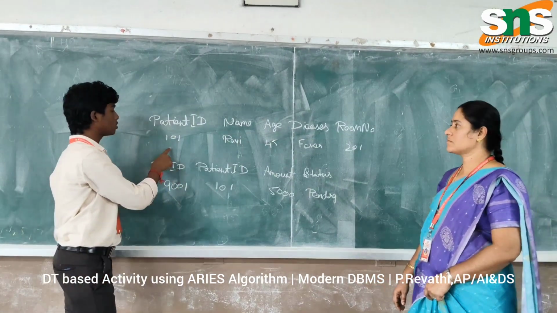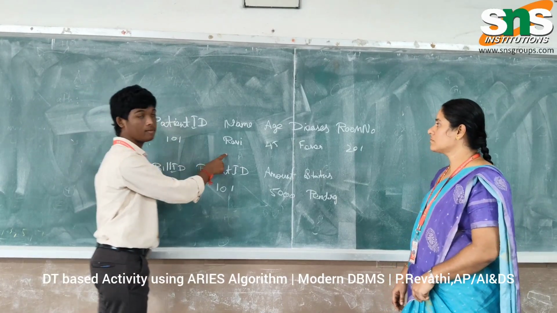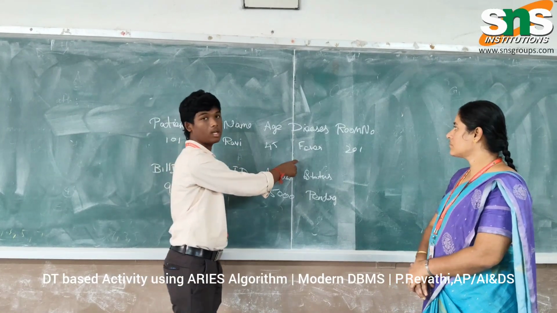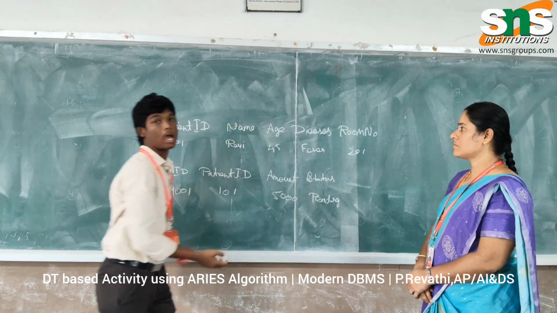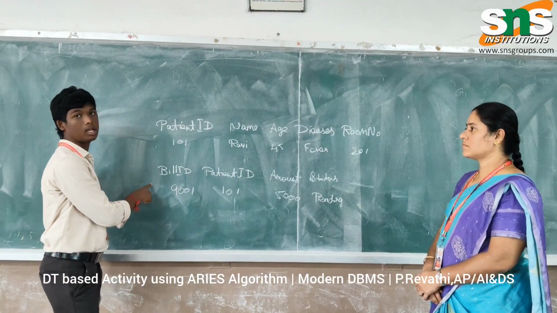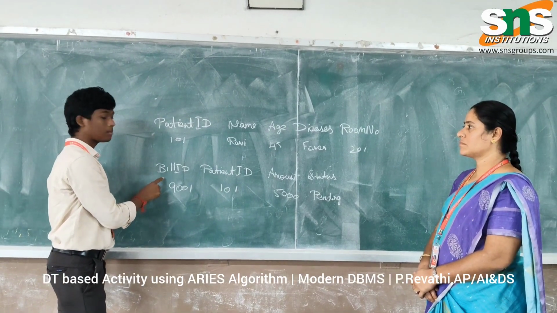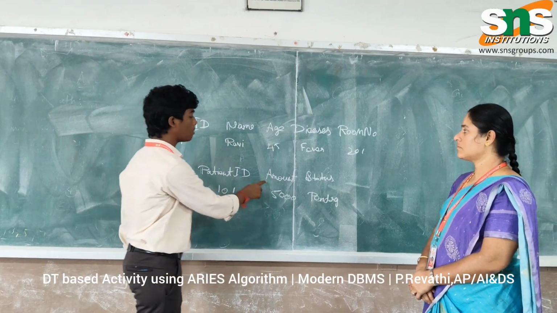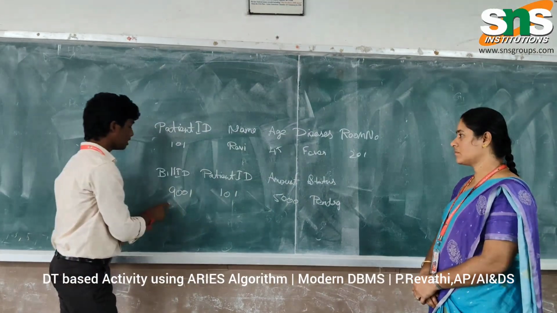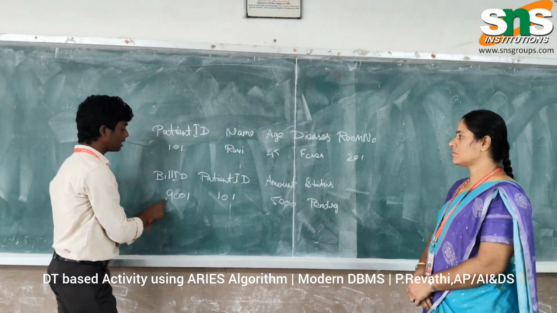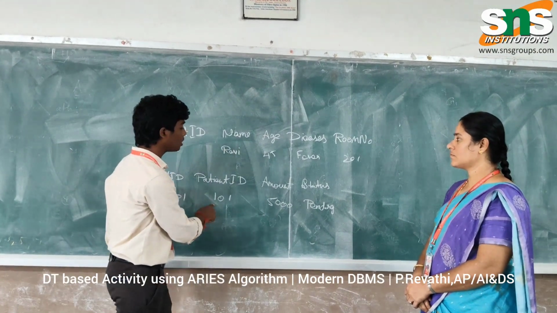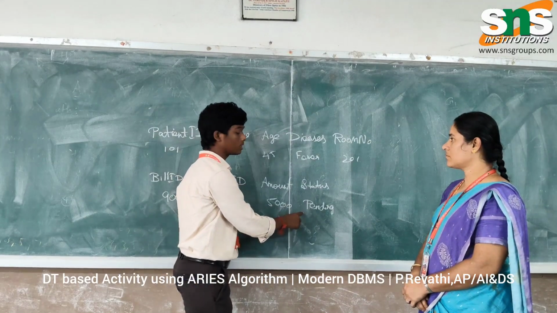Insert the values: patient ID 101, name, age 45, disease fever, room number 201. After that, create the billing table with the columns bill ID, patient ID, amount and status. Insert the values: bill ID 9001, patient ID 101, amount 5000, status pending.